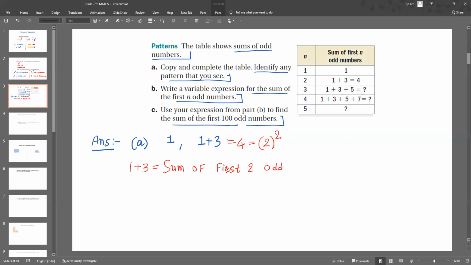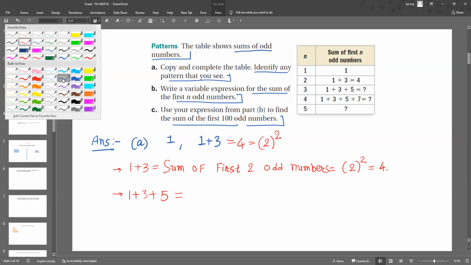Understand? The sum of the first two odd numbers, their addition, is 2 square. If I have to add 1 plus 3 plus 5, can you identify the sum of these numbers?